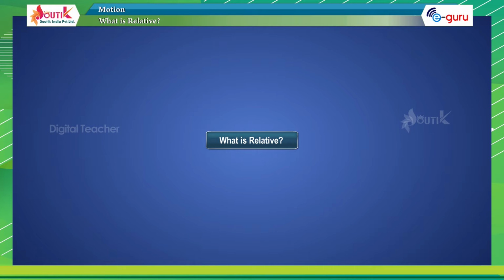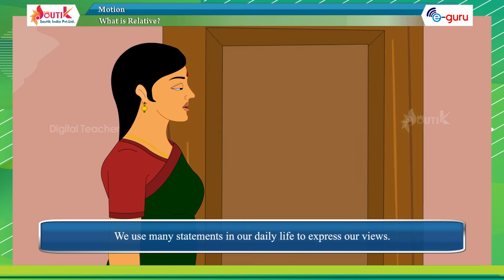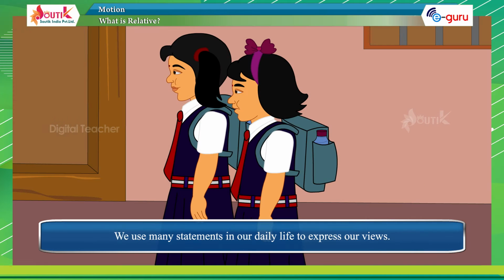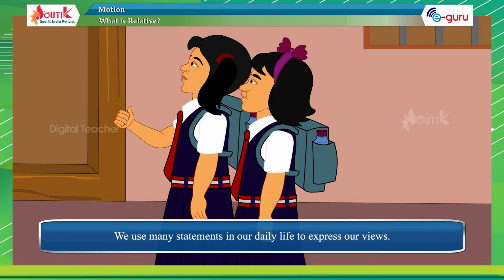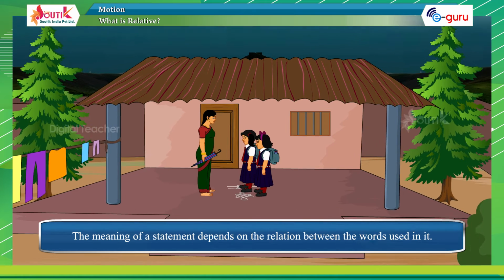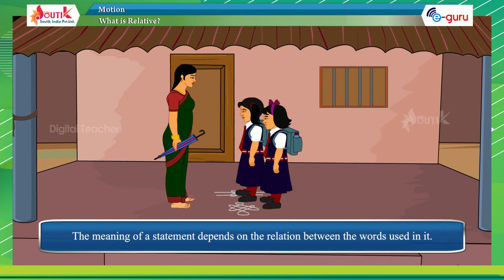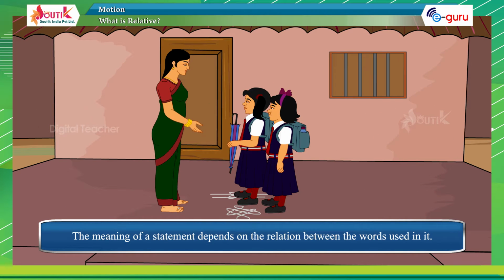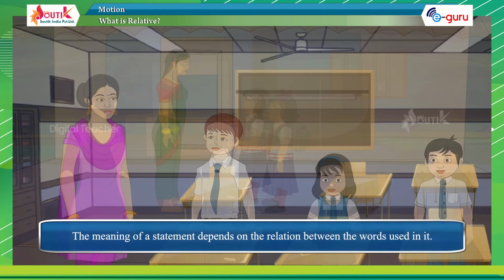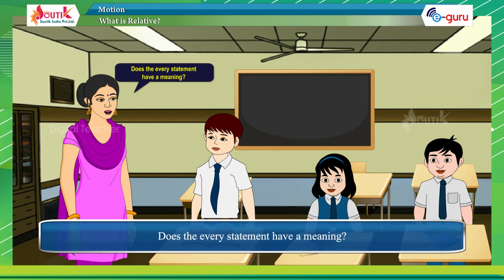What is relative? We use many statements in our daily life to express our views. The meaning of a statement depends on the relation between the words used in it. Does every statement have a meaning?